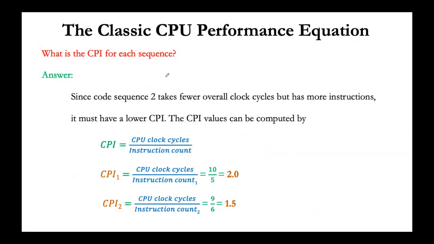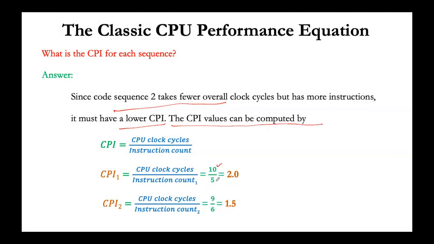The last question is, what is the CPI for each sequence? Since code sequence 2 takes fewer overall clock cycles but has more instructions, it must have a lower CPI. CPI is computed as CPU clock cycles divided by instruction count. So CPI for code 1 is the 10 clock cycles divided by the instruction count of 5, which is 2.